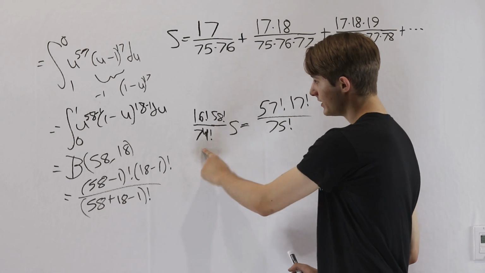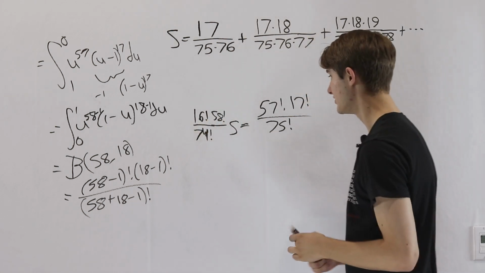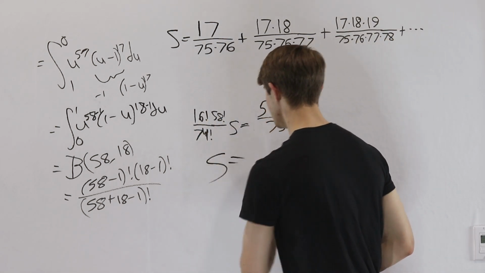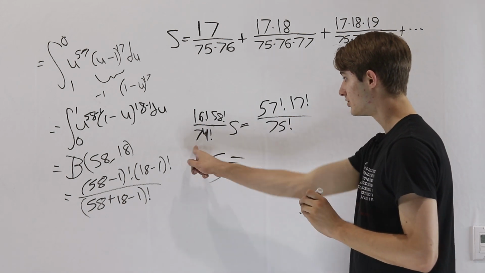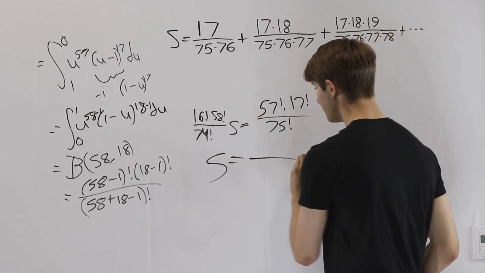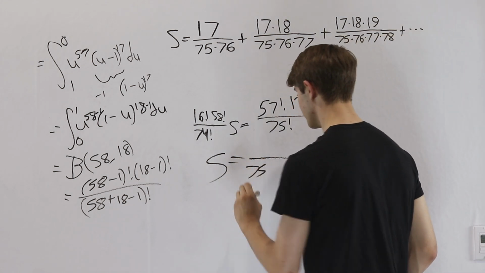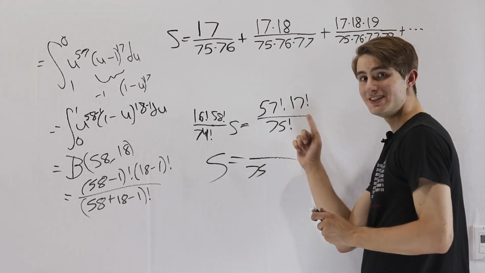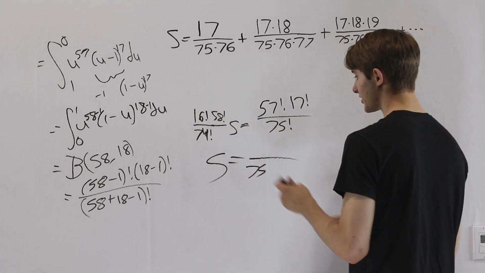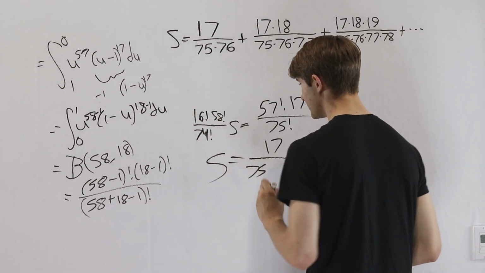Now we multiply by this thing over here on both sides. So s is going to be equal to, first of all, if we multiply by 74 factorial, 74 factorial over 75 factorial is going to be 1 over 75. 17 factorial over 16 factorial is going to leave us with a 17 on the top.